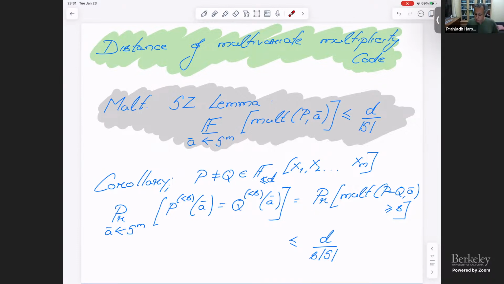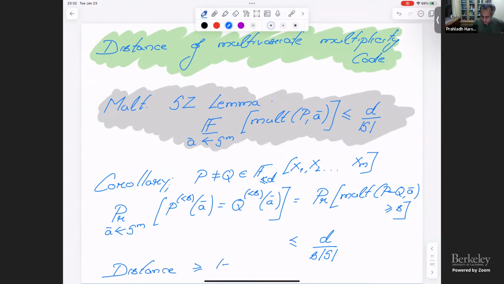This is exactly the probability that the multiplicity of the polynomial P minus Q at the point A is at least S. And Markov will tell you that this is at most D by SS, and hence an immediate corollary of this is the fact that the distance of the code is at least 1 minus D over S. You gain this factor S over the usual Reed-Muller code. Questions so far?